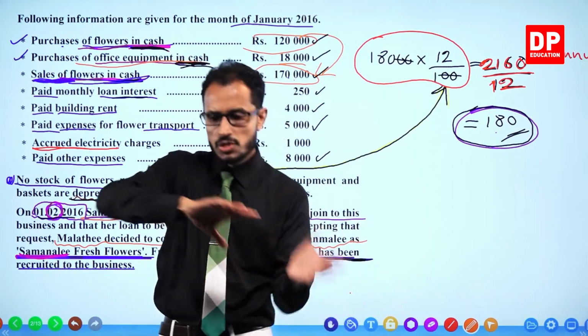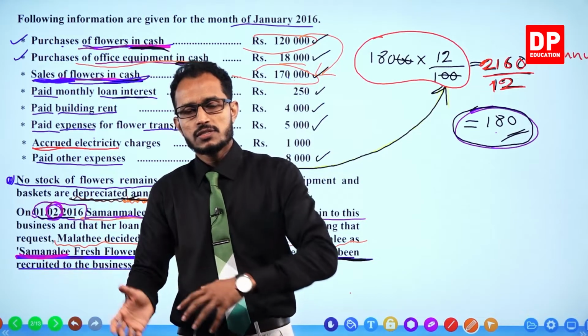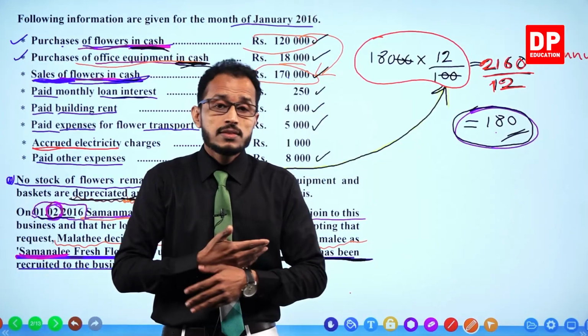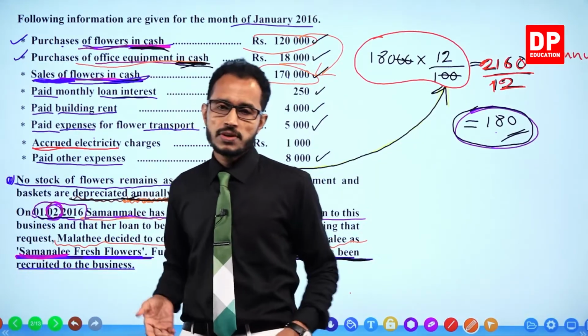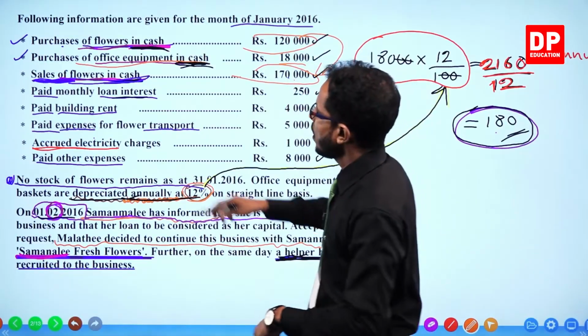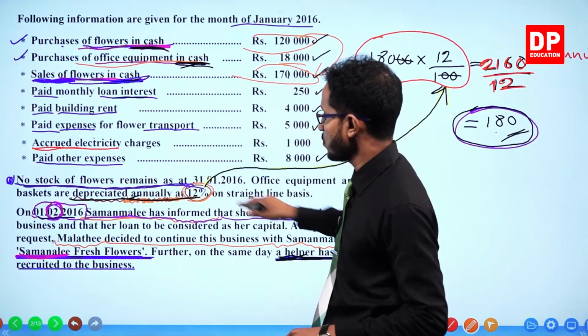It becomes the opening stock, the starting date of this year or this month. Now there is no opening stock because it's a newly started business. So no opening stock, no closing stock. They have said no closing stock.